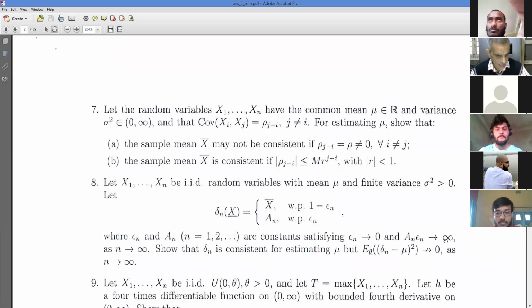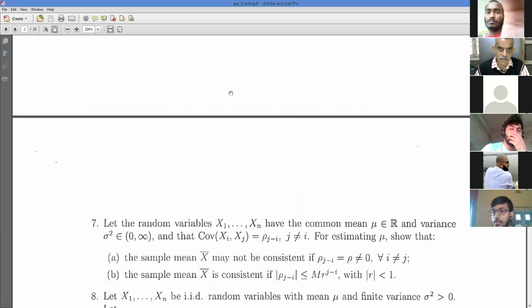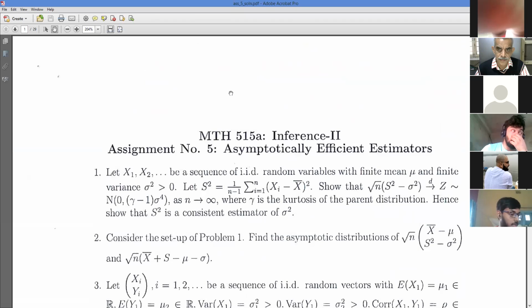You don't have any doubts in the assignment? Sir, in the first problem, I have some difficulties in finding the variance of s square. Variance of xi minus x bar whole square. Why do you need that?